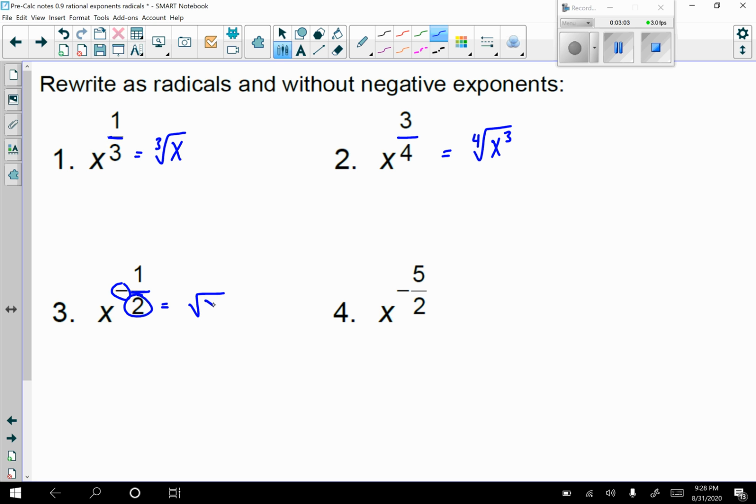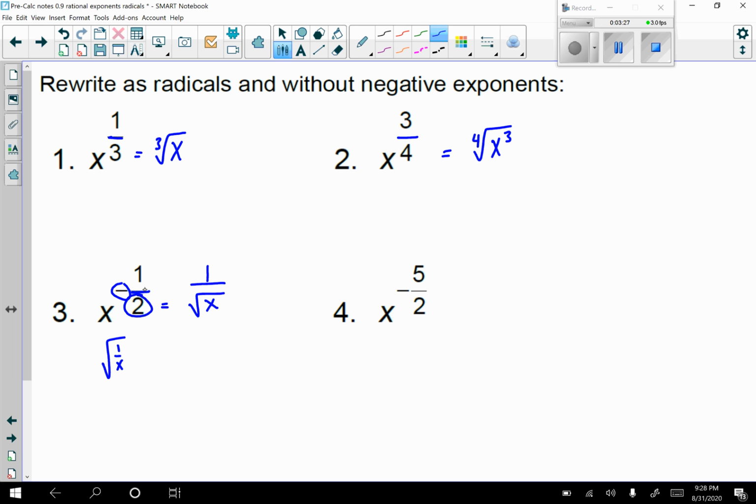The negative is the reciprocal power. So the negative means we take this whole thing and put it under 1 to make its reciprocal: 1 over the square root of x. You could make that a fraction of 1 over x, then square root it all. Either way works. 1 over x is x to the negative power.